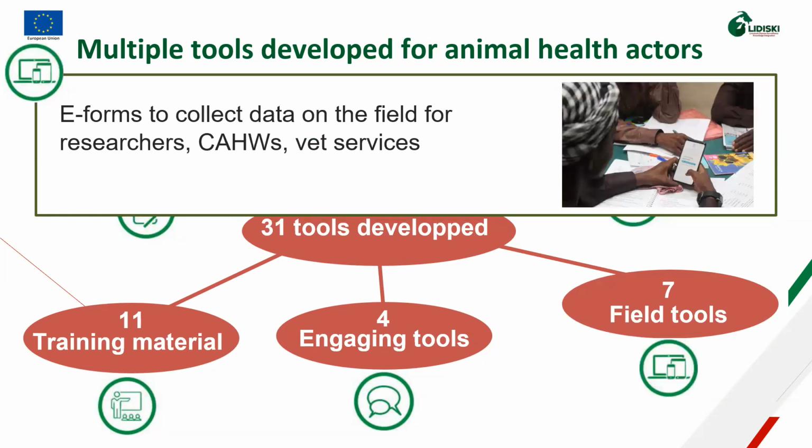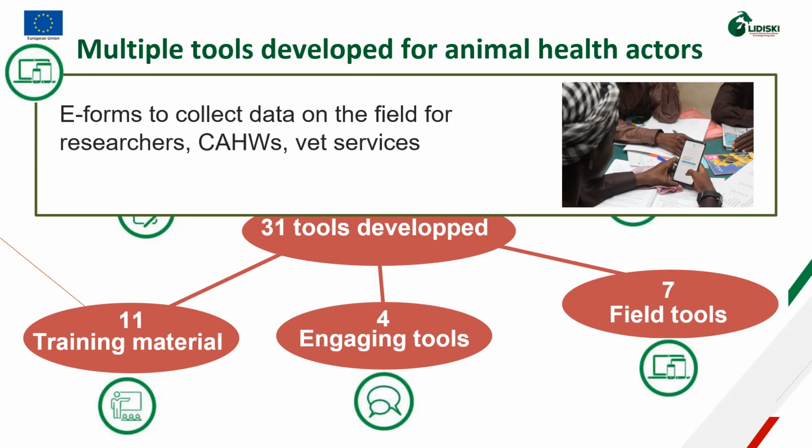Then, very importantly, we have multiple field tools, typically electronic forms that are used directly on the phone while in the field to record data. Some of these forms are targeted to researchers, for example epidemiological studies or socioeconomic surveys.